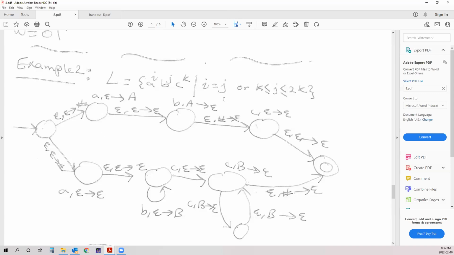The first branch, we will consider that i equals j.